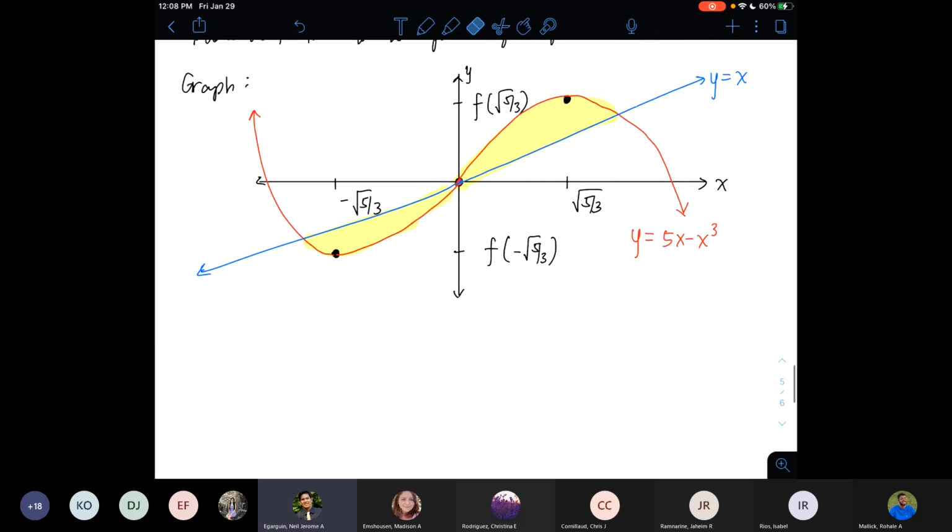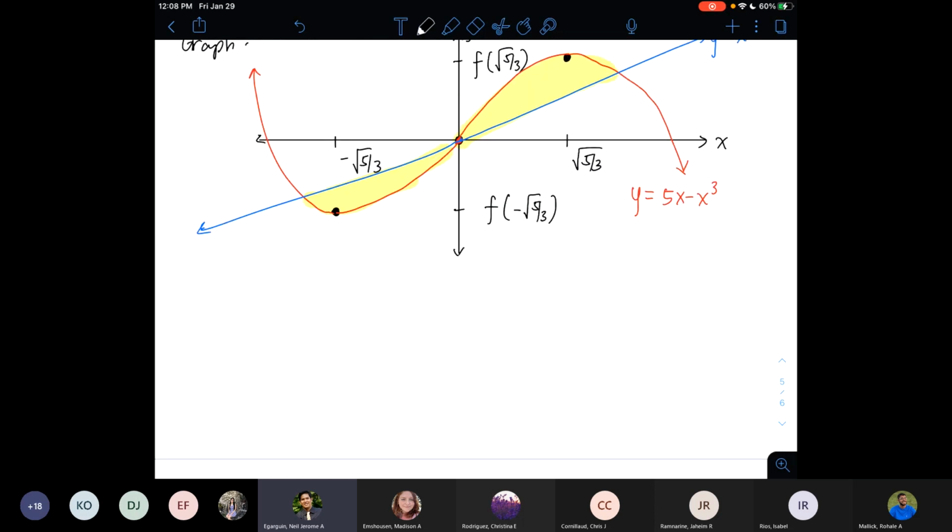And here, I'll decide to use vertical strips. And I will tell you later why using horizontal strips will be problematic for this example. So if I use vertical strips, I'm going to draw a test strip over here. And I observed that the top function is the blue one and the bottom function is the red one.